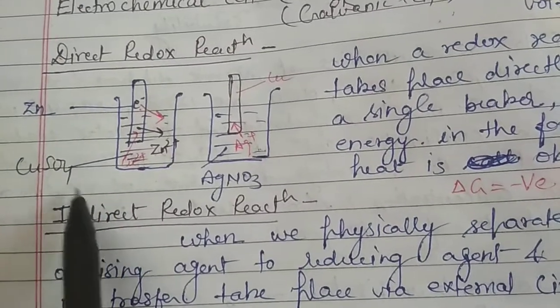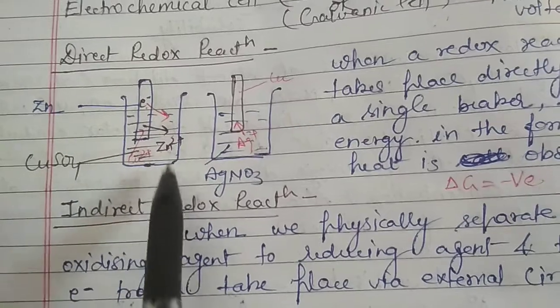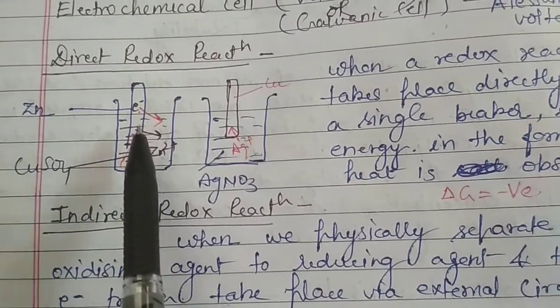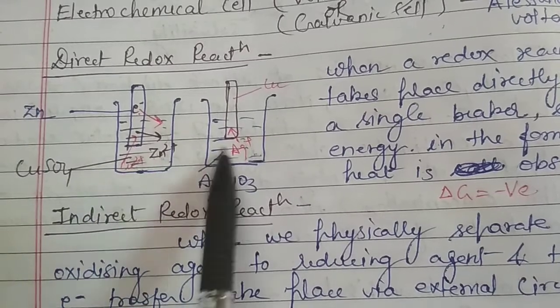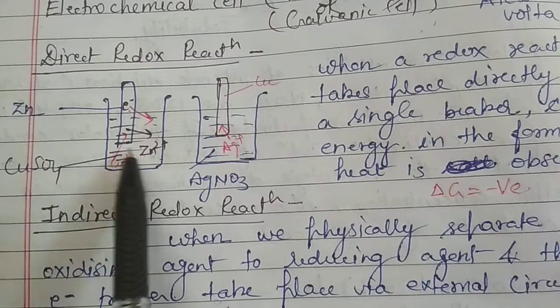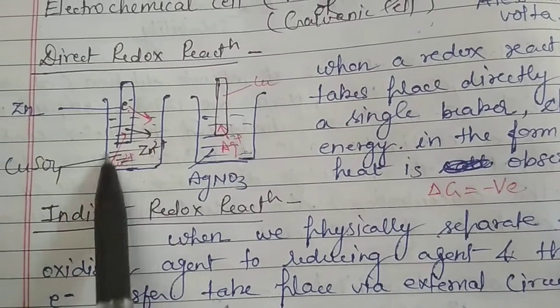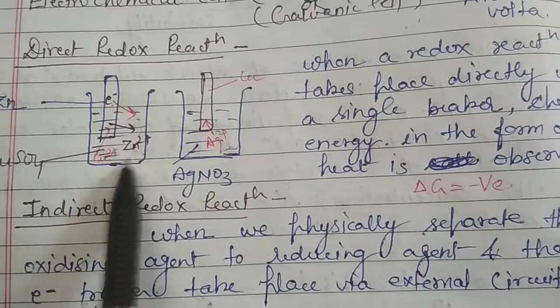So here we see one is getting oxidized and the other is getting reduced, which means a spontaneous redox reaction is taking place. In both reactions, the chemical energy is converted into heat energy, and the beaker would be a bit hot when we observe.